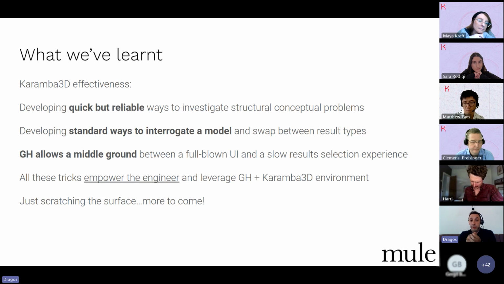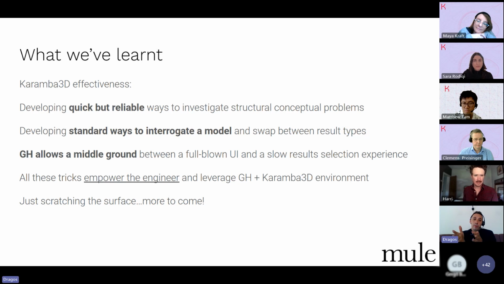Secondly, standard ways to interrogate a model and swap between result types. I personally really love doing that, being able to change between stress, deflection, moment, force, base reaction, I think is necessary so that you develop first an intuition of your structural system and how whatever you're working on works structurally, and then also you have the reliable numbers to extract from that.